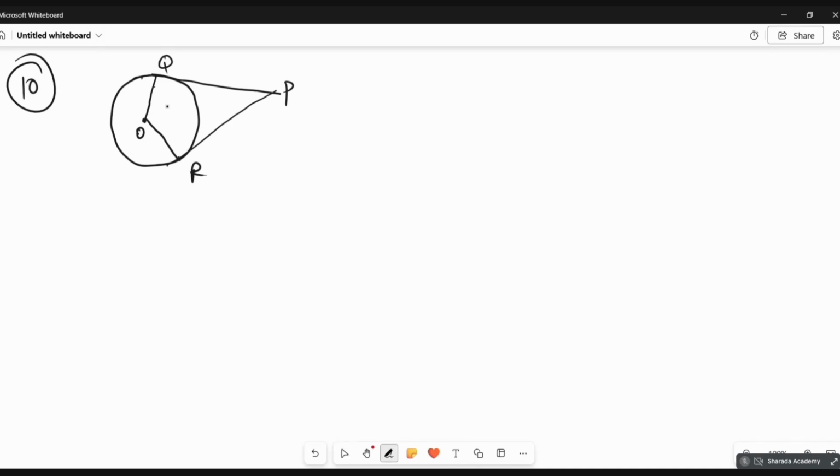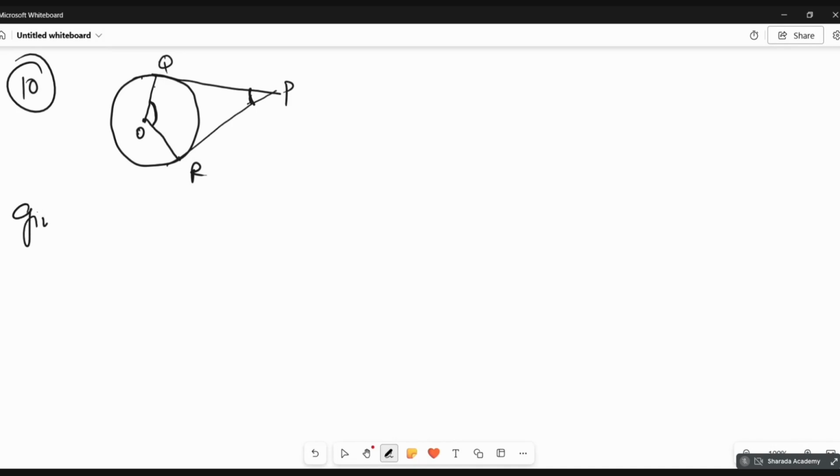So what is it telling? This is a radius, two radii, they combine this. There is one angle here, and the two tangents are inclined with some angle. If I add these two, that should be equal to 180 degrees. Supplementary means you should get 180 degrees.